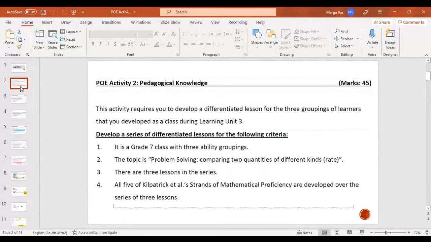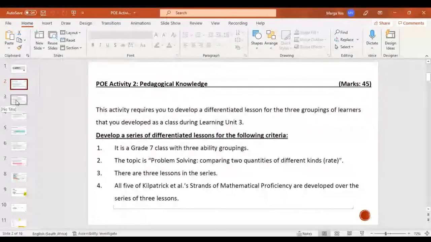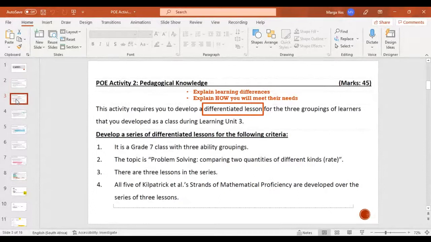I've already spoken about this, that we have to focus on the different ability groupings. You will remember that we spoke about that in our previous session on CoLab on the 7th of October. So we need to focus on how we will meet our group's needs.